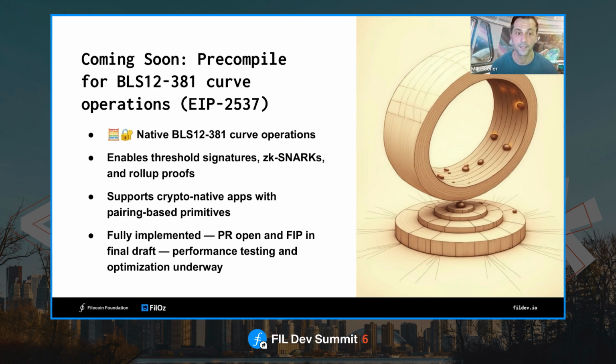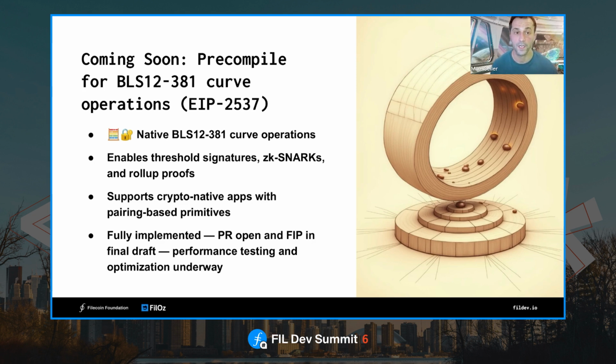In practice, that means you can verify BLS signatures or run pairing-based zk-SNARK proof checks inside your contract without blowing the gas limit. On FEVM, this precompile is already implemented in our codebase and being tested. It's not live on mainnet yet, but it's coming very soon.